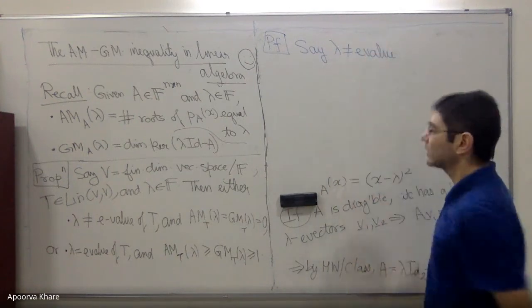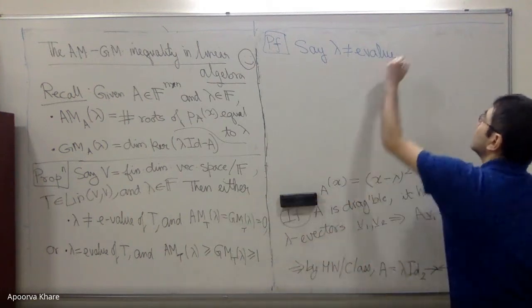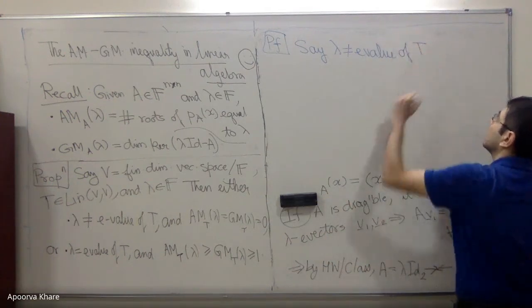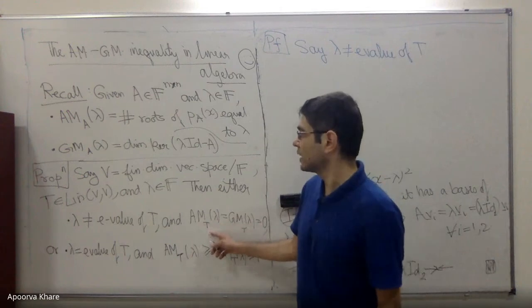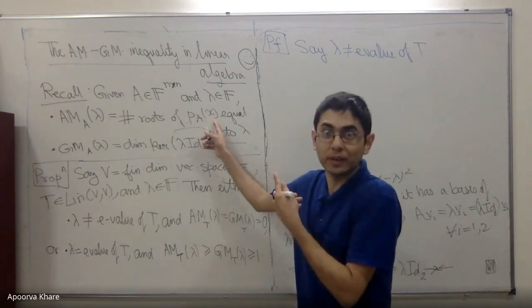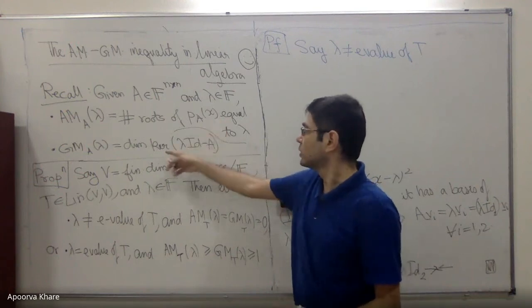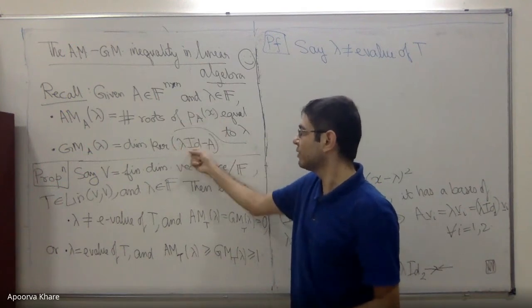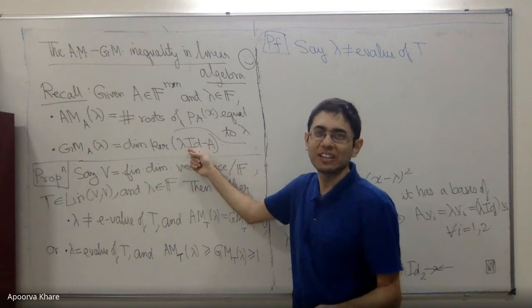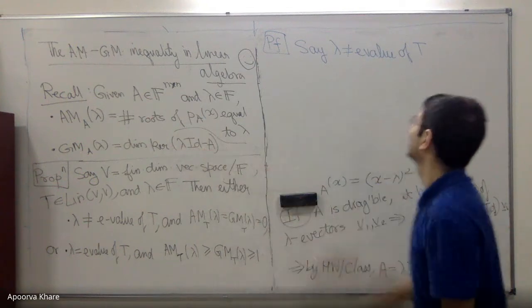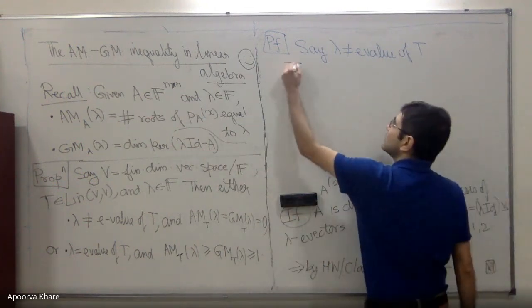So if lambda is not an eigenvalue of T, then clearly AM is 0 because there are no roots. Eigenvalues are the roots of the characteristic polynomial. There are no roots, so AM is 0. But also, something is an eigenvalue if and only if this kernel is non-zero. So if it is not an eigenvalue, the kernel is 0. Then AM equals GM equals 0.